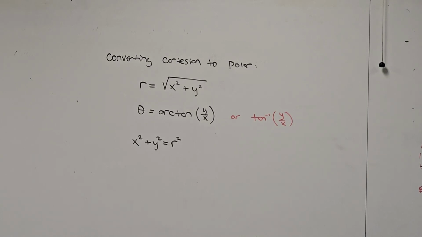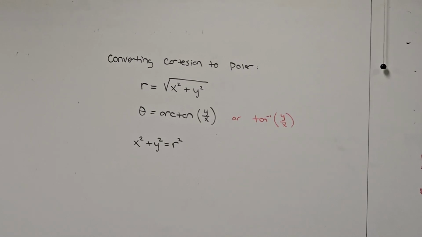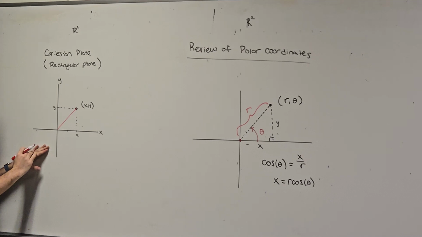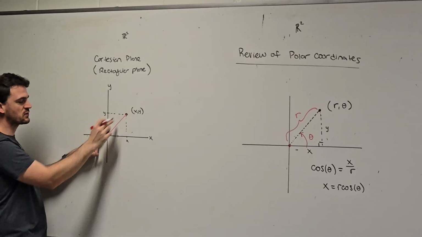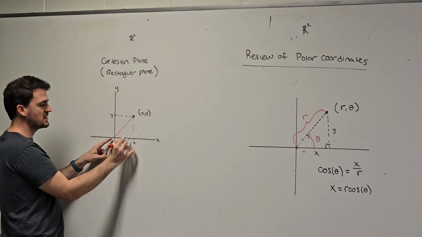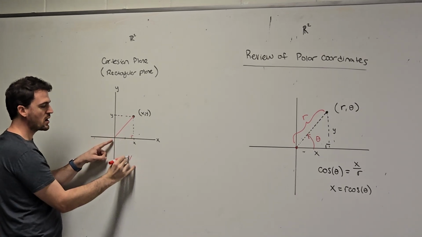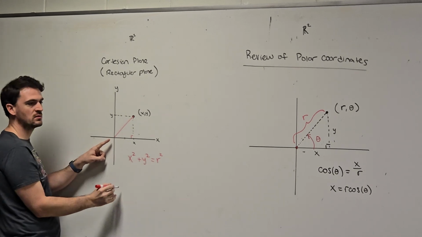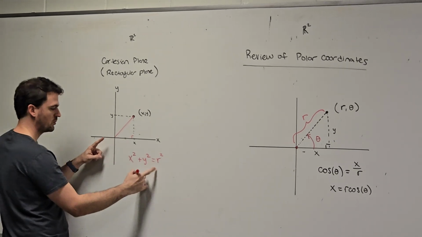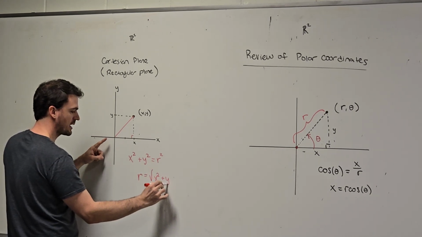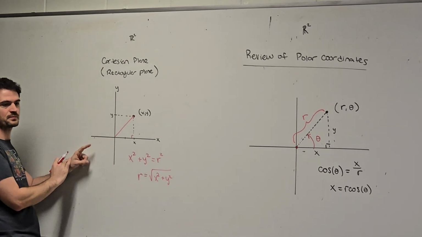So again, a quick justification as to where this comes from. If you've got some x and some y, then we're defining r to be the distance from the origin, or from the pole. Well, this distance is just the hypotenuse of a right triangle. So x squared plus y squared equals r squared. Solving for r, r is just the square root of x squared plus y squared.